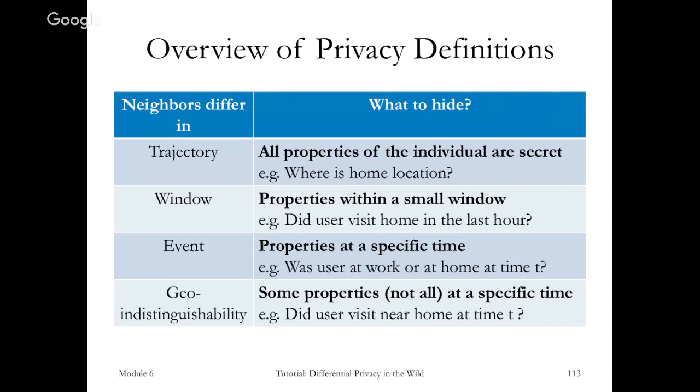So based on the type of the secrets you want to protect, different neighboring definitions can be found. In the level of protection, the neighboring database definition can differ in trajectories, window, events, or close-by events. Another name for it is joint indistinguishability.